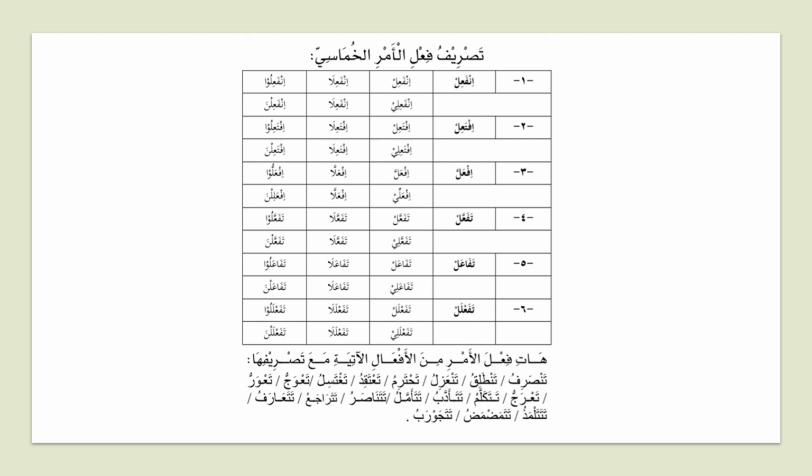عبد الحكيم, take number 5, تفاعل. On the second line, take the fifth one. تتناصر. Okay. So you drop it. He's not giving you the first one.